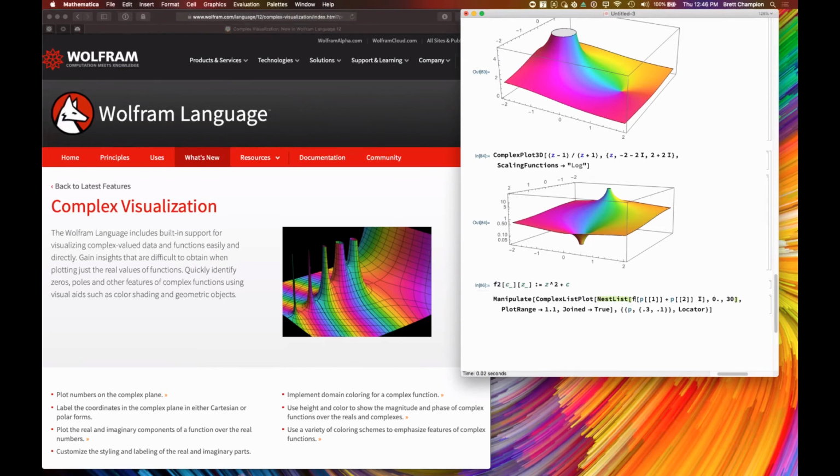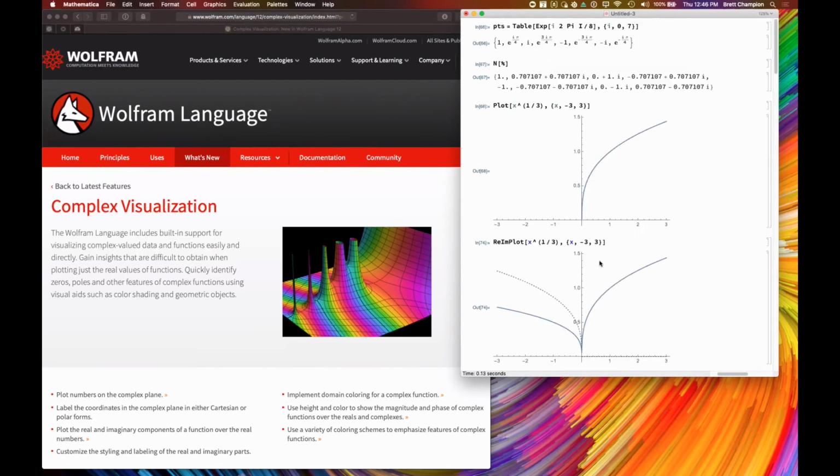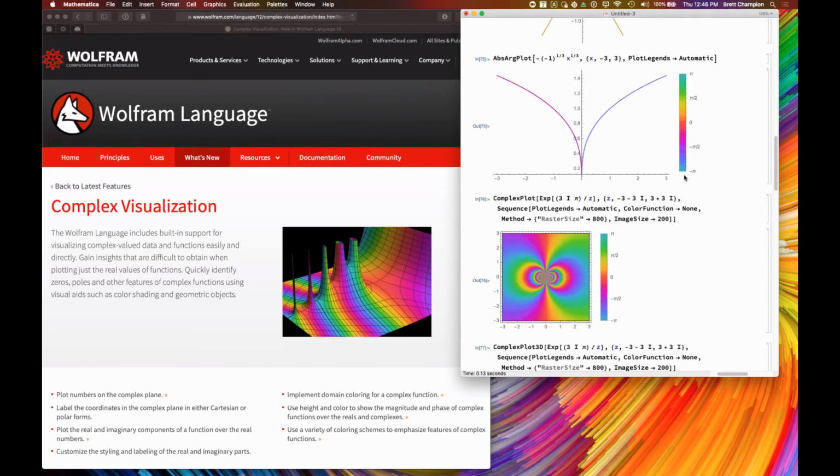And so one thing that I wanted to mention is that if we look at complex plots, we have this hue-like color function that we're using by default. It isn't quite hue.